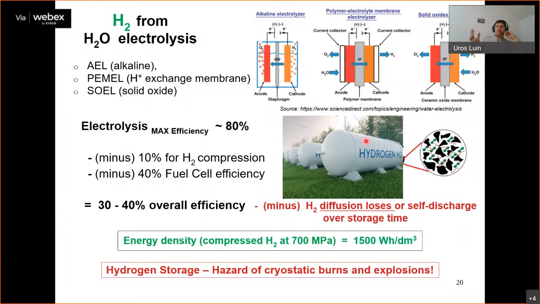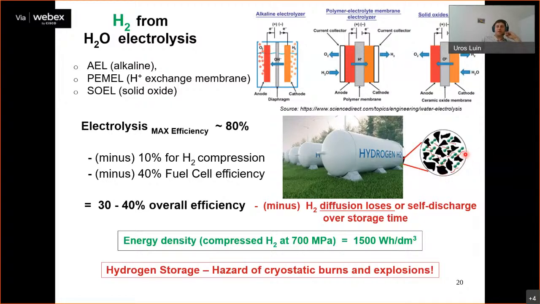Now if we think from the perspective of long-term energy storage, if we store this energy in summer, before winter, we will lose a lot of hydrogen through diffusion losses, or self-discharge, we can call it, because the hydrogen gas escapes the tanks. It diffuses through the metals and also causes some hydrogen embrittlement, so it damages the tanks.